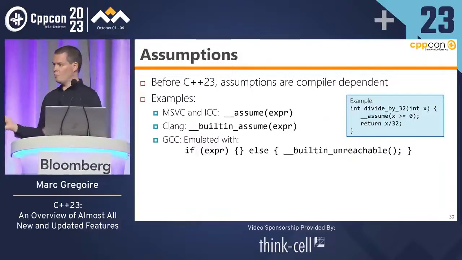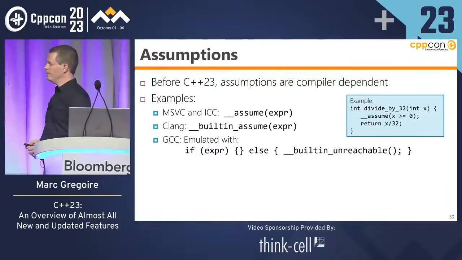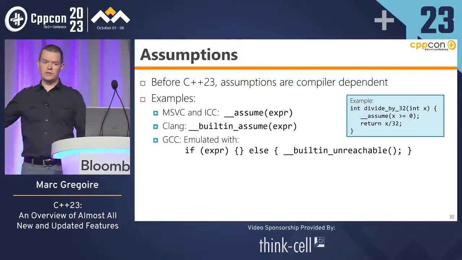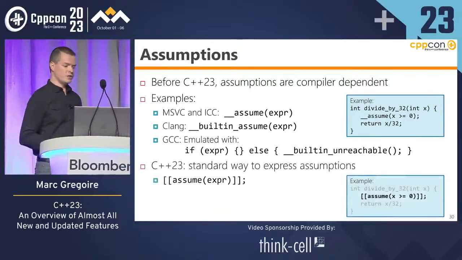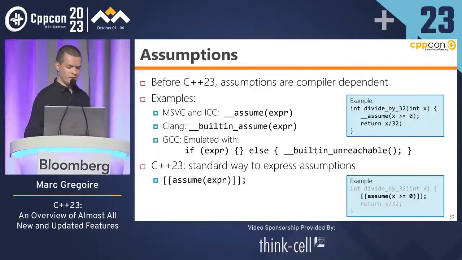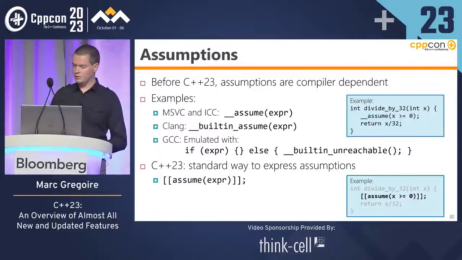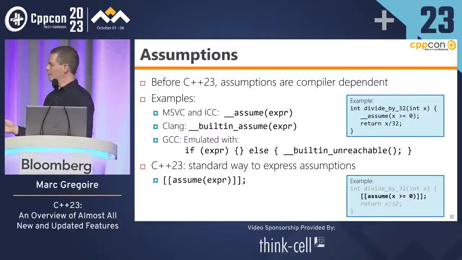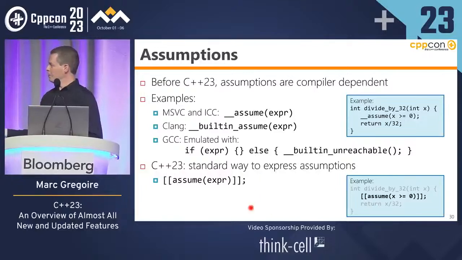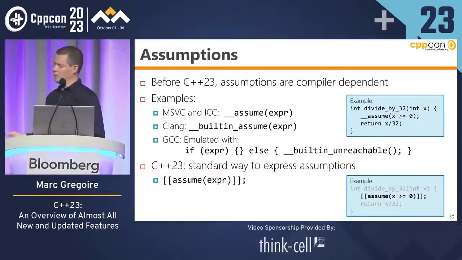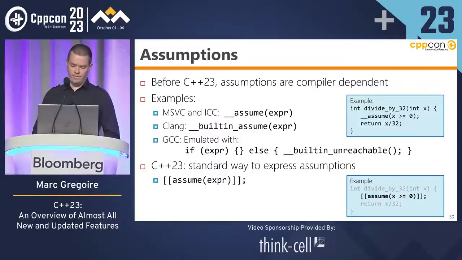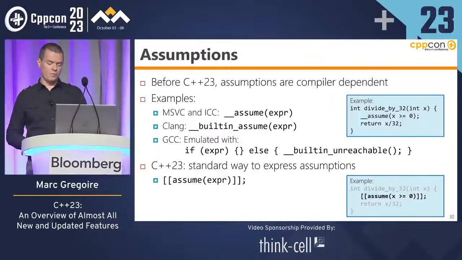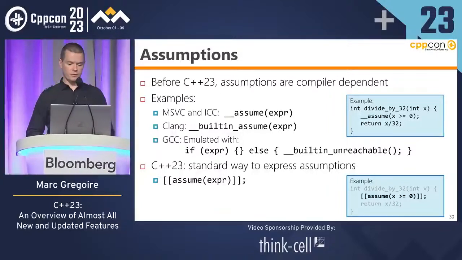By doing this, the compiler can better optimize my code. But as you can see, there is no standard way of doing it. Now in C++23 there is, and this is the syntax. You have the double square brackets, just like attributes, assume, and then your expression. And here on the lower right is the same example as at the top. And so with this, the compiler can better optimize your code.